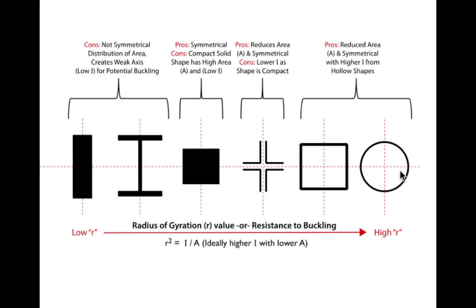And so we tend to be looking for shapes that have rotational symmetry, or a radius of gyration that's equal in every direction. In reality, we'll often use W shapes, but there's a special family of W shapes called compact sections that makes for reasonably good columns that don't have a huge discrepancy in the radius of gyration around one axis or the other.